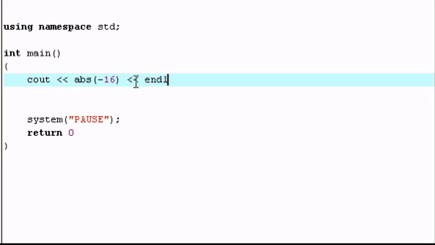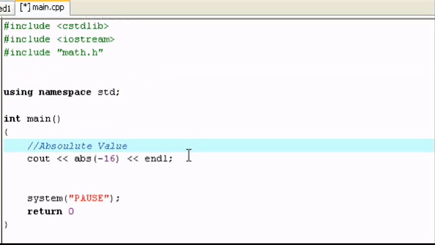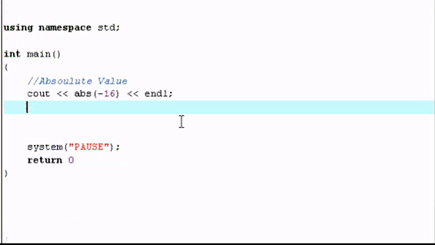endl. So that's an absolute value. Now let's cout another absolute value, but this time let's deal with floating point numbers. So let's put floating point absolute value.